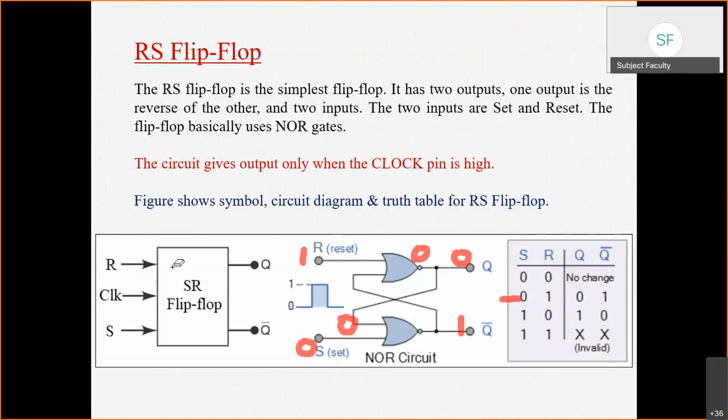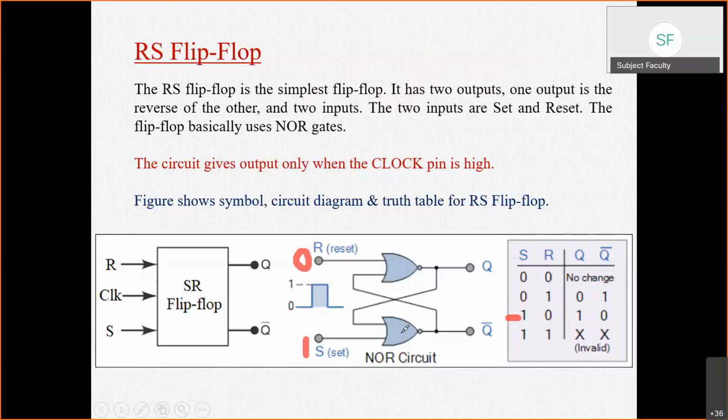Now we will verify the third combination, that is S equals 1 and R equals 0. So S equals 1 and R equals 0.